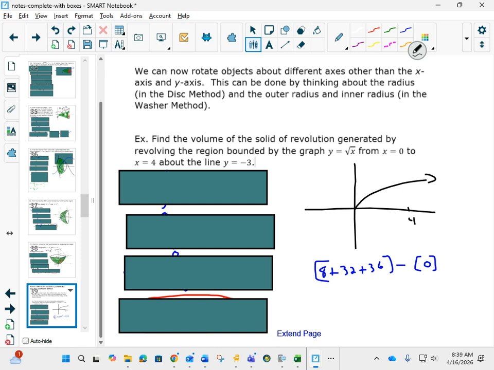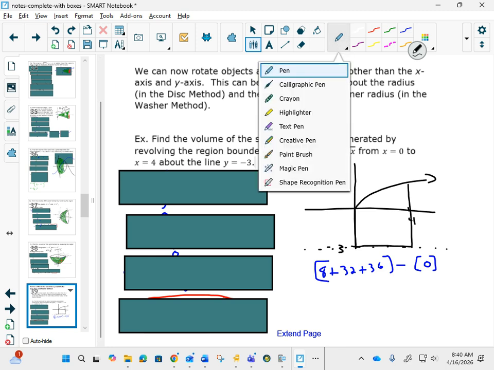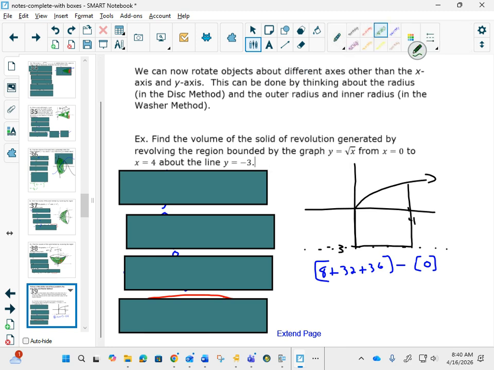And -3. So now this is the solid that we're rotating, instead of just doing the x-axis.